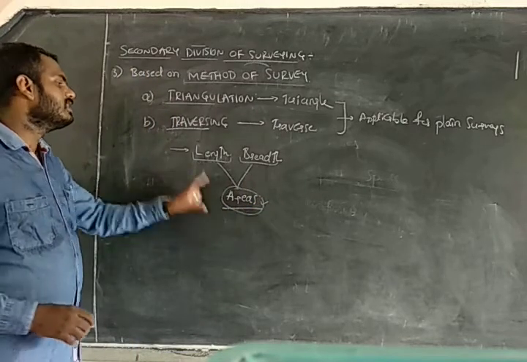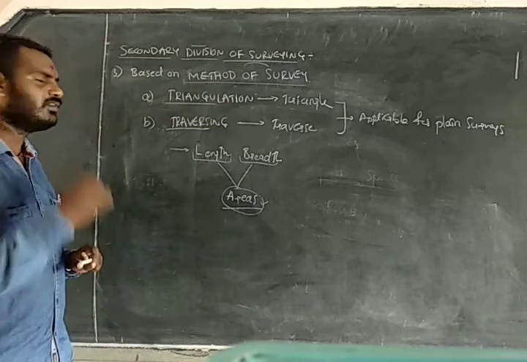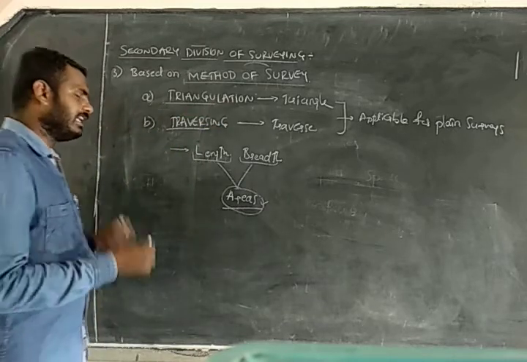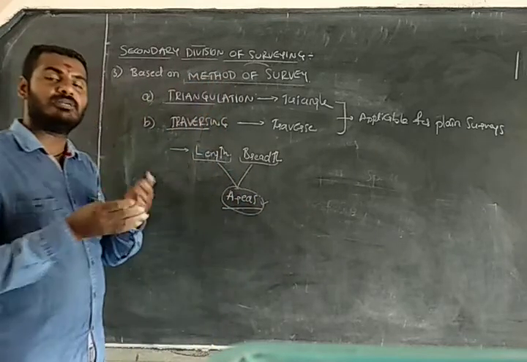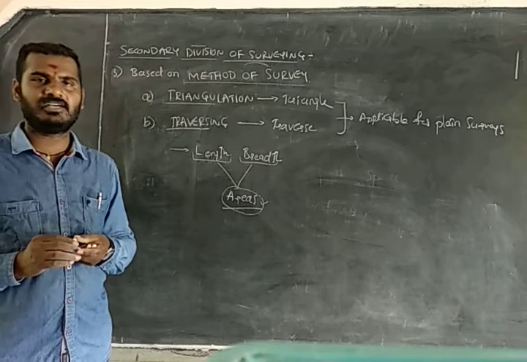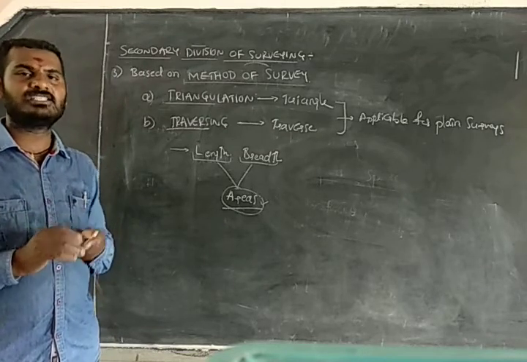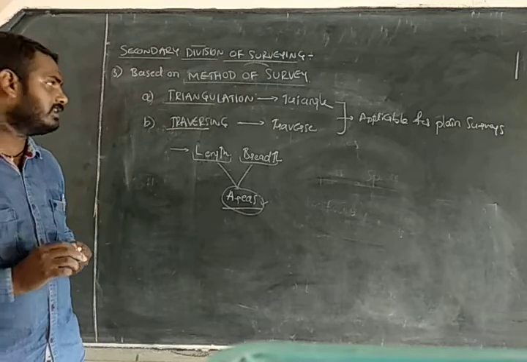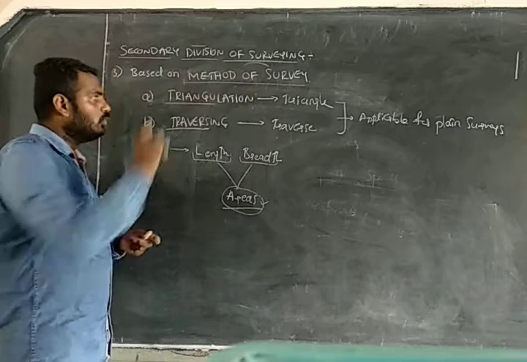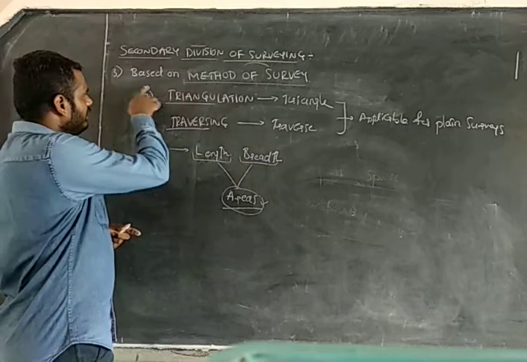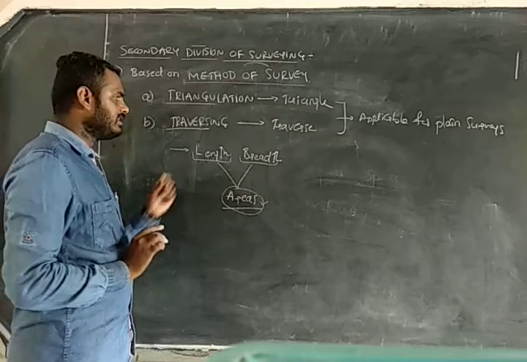So this is involved in triangulation. Suppose you want to measure the area of a particular plot by dividing it into a number of triangles, or by forming a number of triangles mutually connected together at points, that particular type of survey is known as triangulation, which is really very helpful to calculate plane areas. Okay, that is really very important.